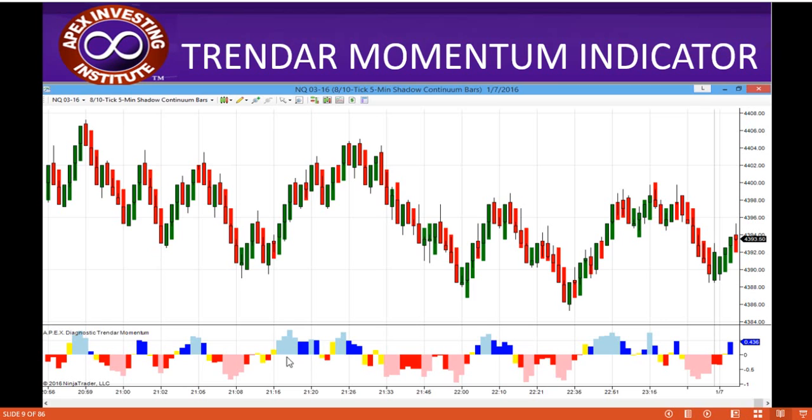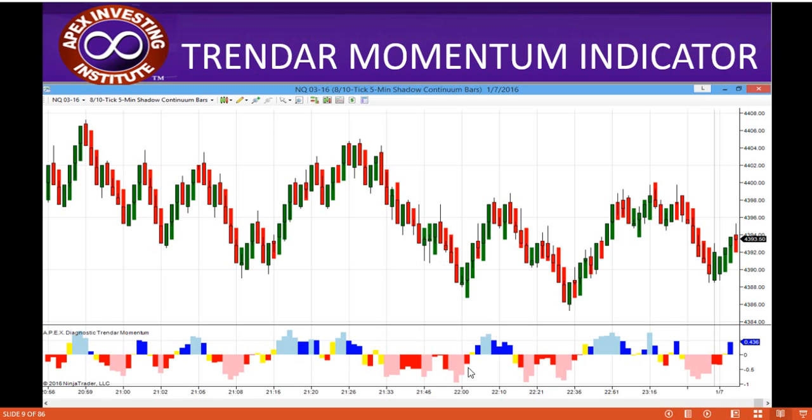Therefore, the Trendar indicator will override the bar color if need be. I'll show you exactly what I mean by that. For example here, this is a green bar. Remember how the bar trend chop filter looks at chop. Just because something may be a down closed bar, it can still be green. It might be an up closed bar, and it can still be red. It determines when we're getting out of chop.